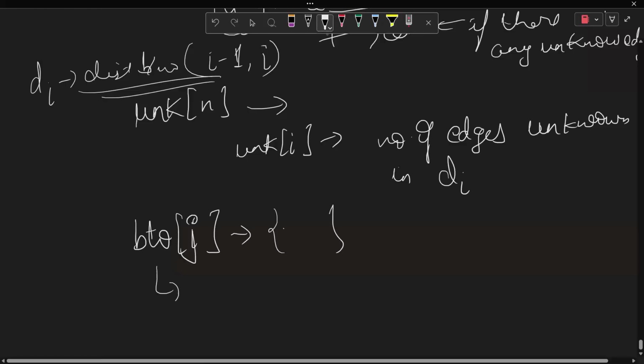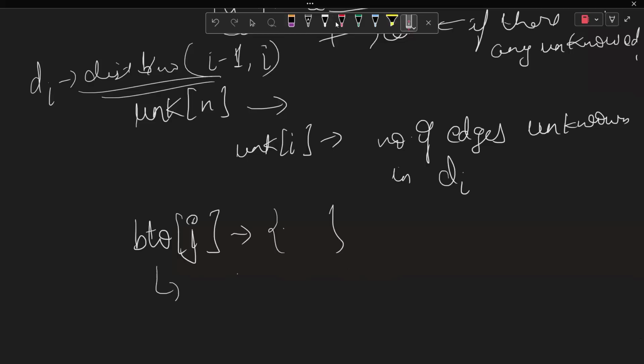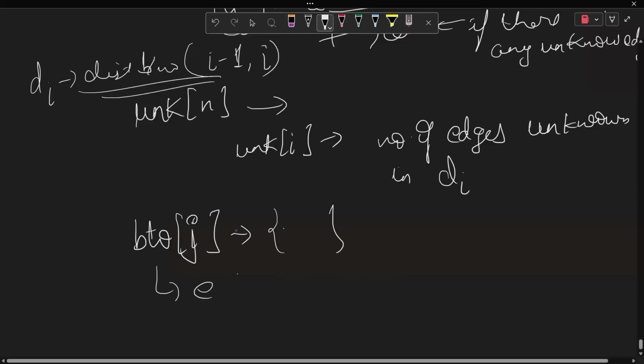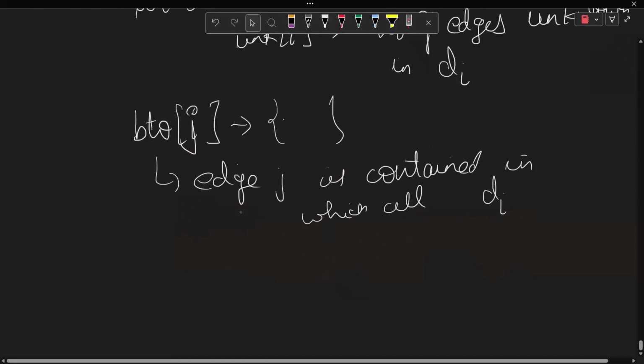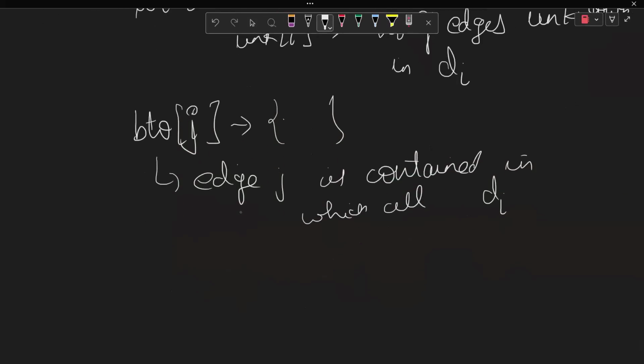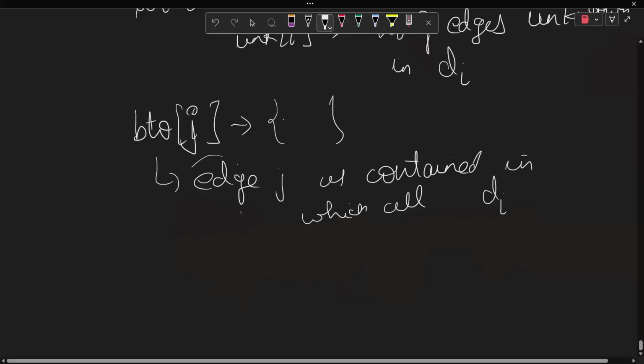Let's call it J. You can say this represents which all Dis this edge J is contained in. So this would have the values of all those Dis which contain this edge J.